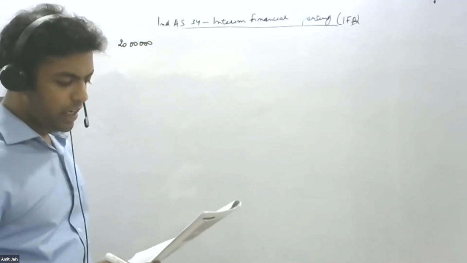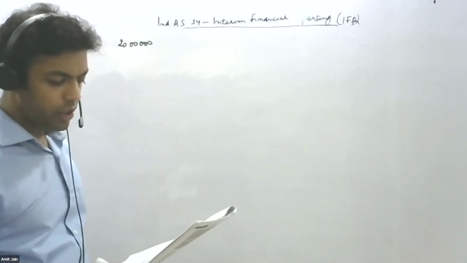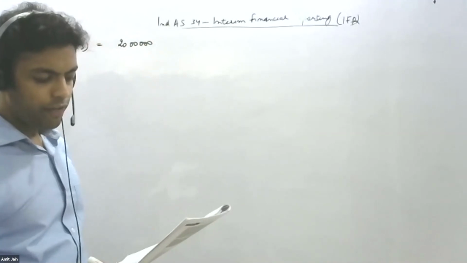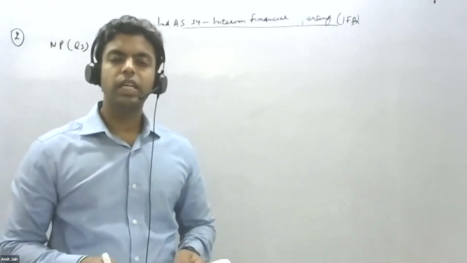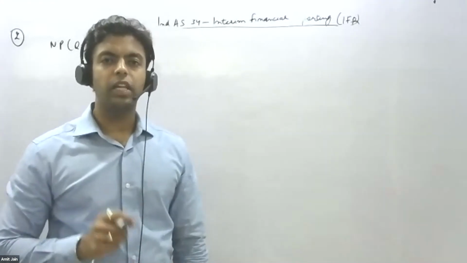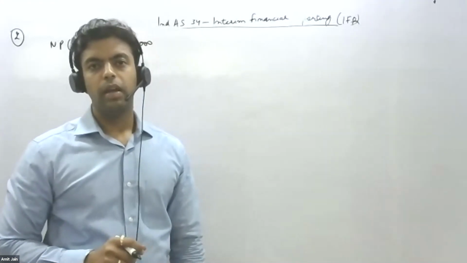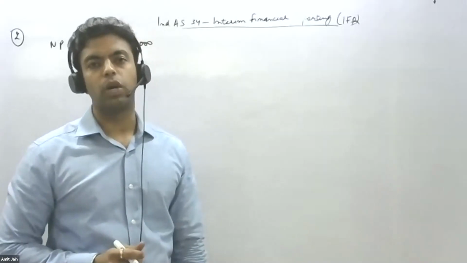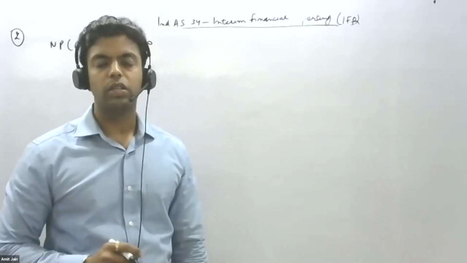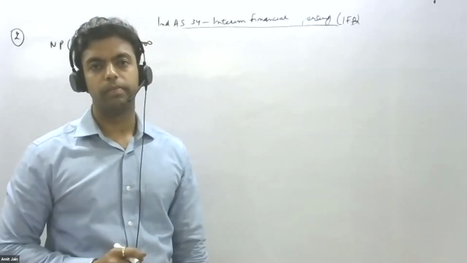First, bad debt of rupees 1 lakh incurred during the quarter, and 50% of the bad debt have been deferred to the next quarter. So question is saying 1 lakh rupees of the bad debt has been incurred in the quarter 3, but company has deferred 50% of the bad debt in the next quarter. Whether it is allowed? No, it is not actually allowed, right?